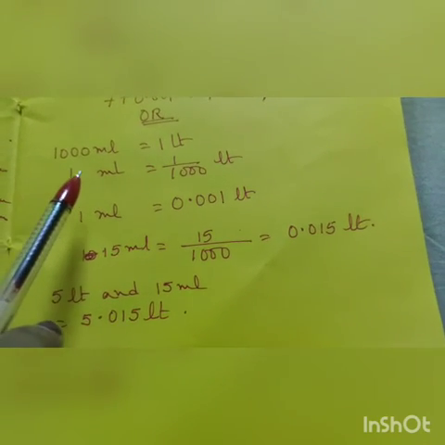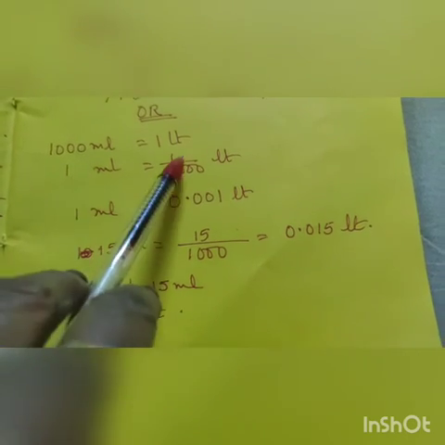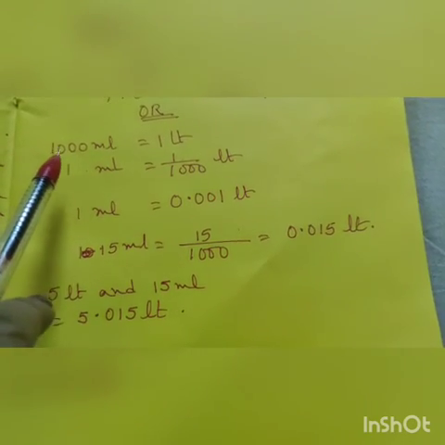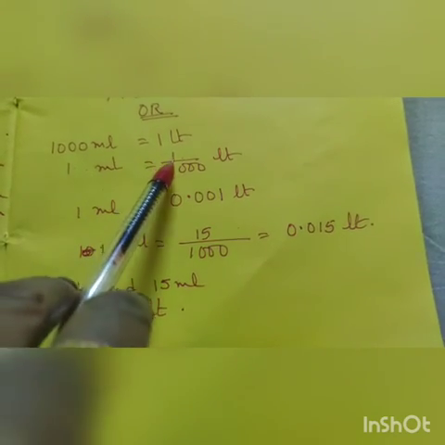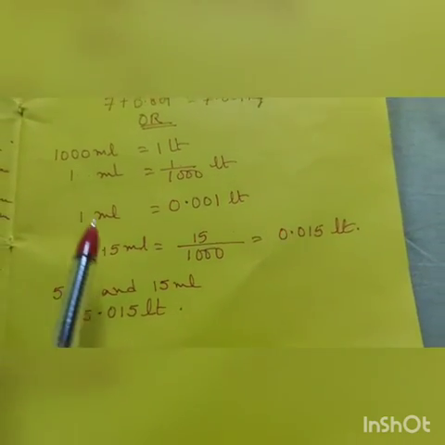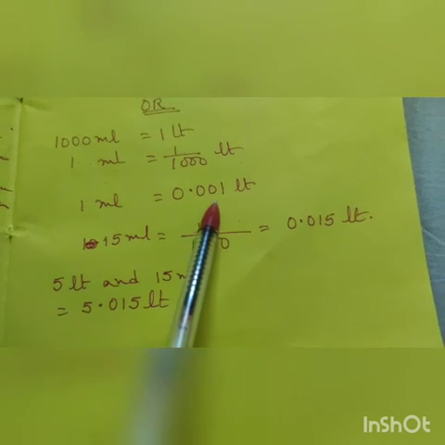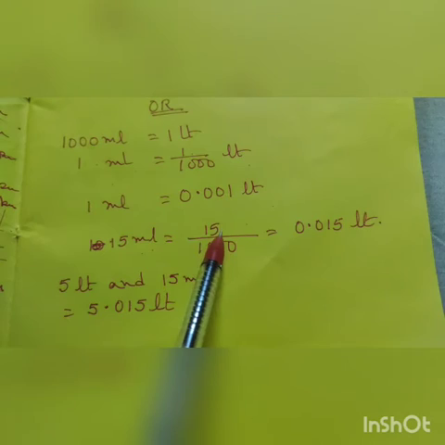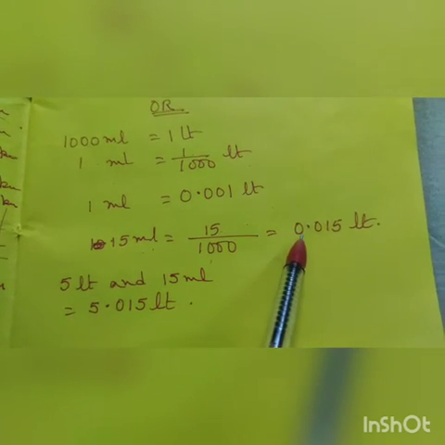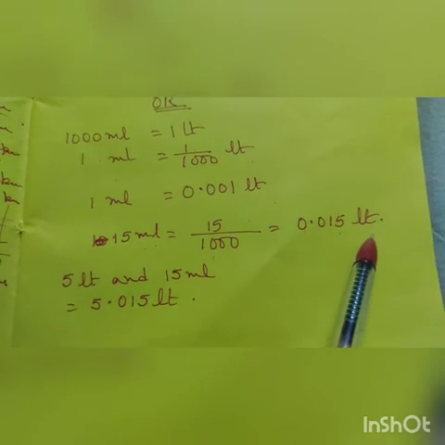Now when you are measuring a liquid, then we do it in liter, milliliter. So 1000 milliliter is equal to 1 liter. 1 milliliter will be 1 by 1000 liter, or 1 milliliter will be 0.001 liter. So similarly 15 milliliter will be 15 by 1000 and it will be 0.015 liter.